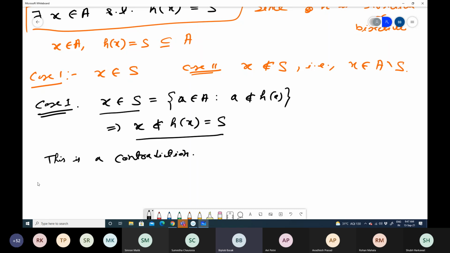Now go to case two. x is not in S, right?